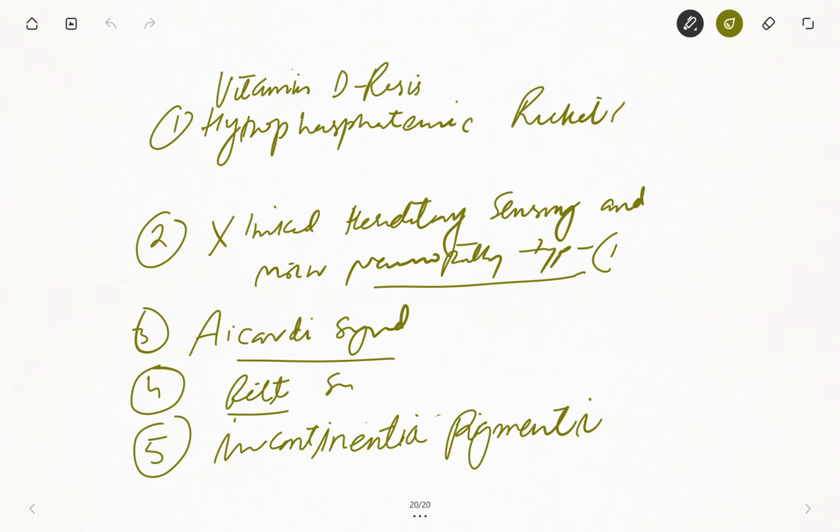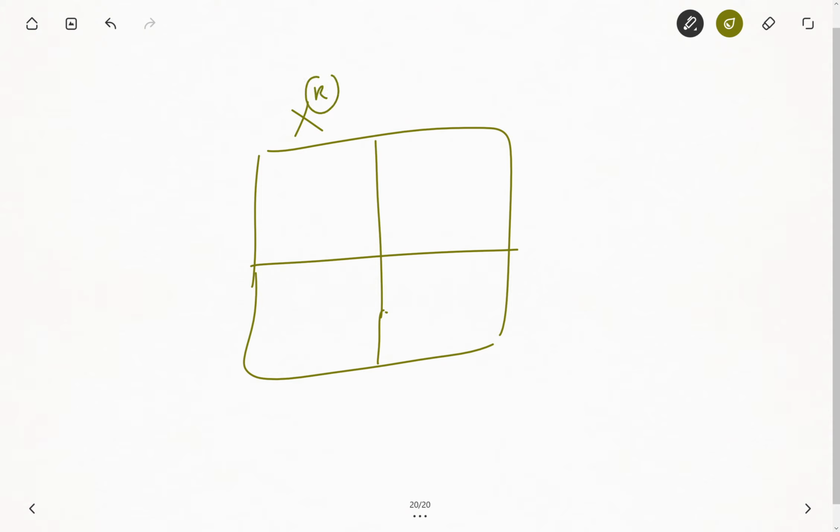For instance, if it is a male that is affected with the condition, let's say he has the gene for hypophosphatemic rickets, and the female is all okay.